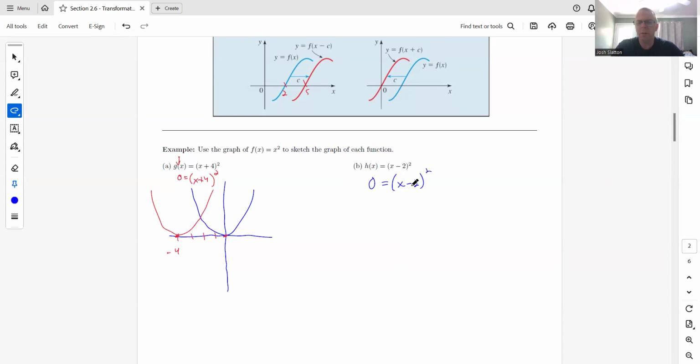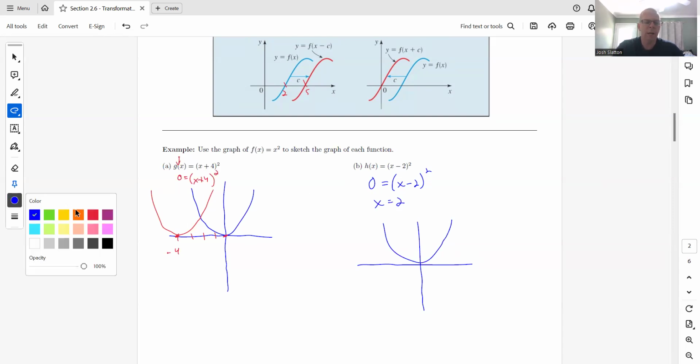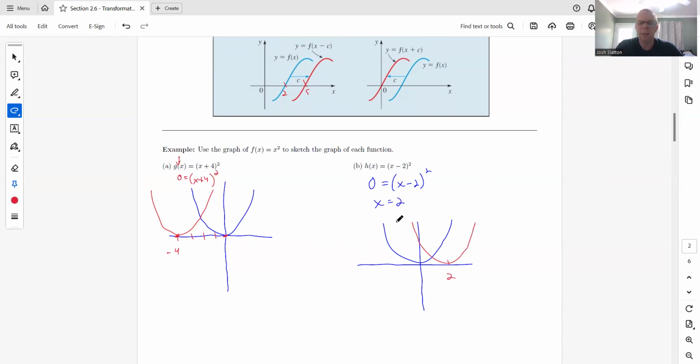Solving, we get 0 equals x minus 2, and so x equals 2. That's where the x-intercept will be. So there is y equals x squared, and we're going to move that to the right, 2. All right, so we'll look at a couple different ones in the next video.